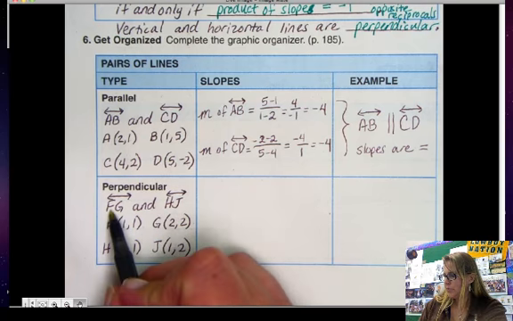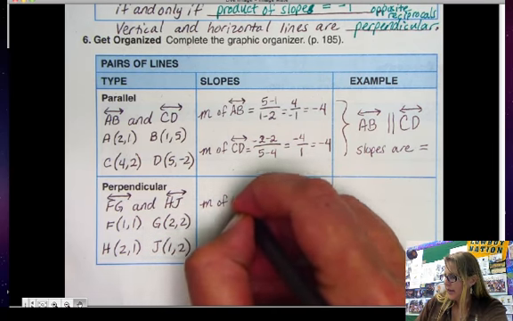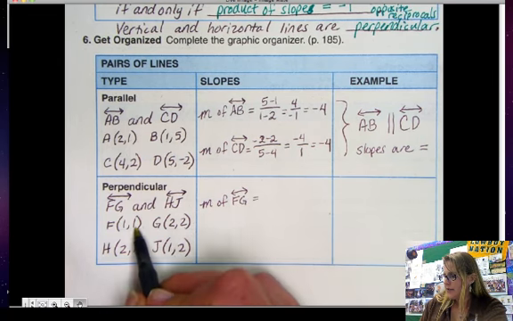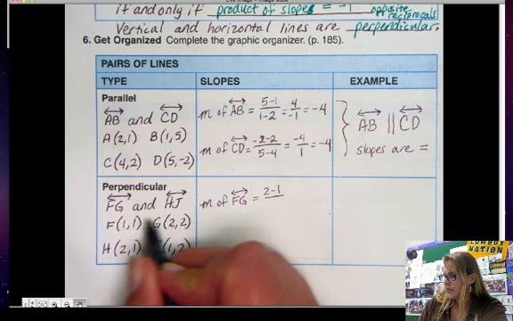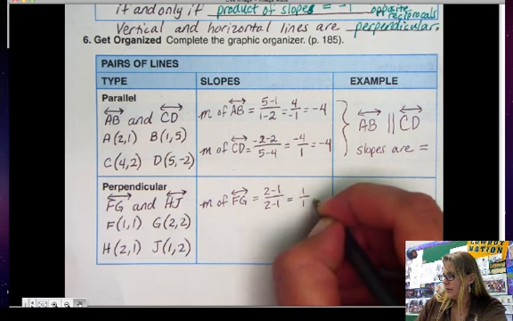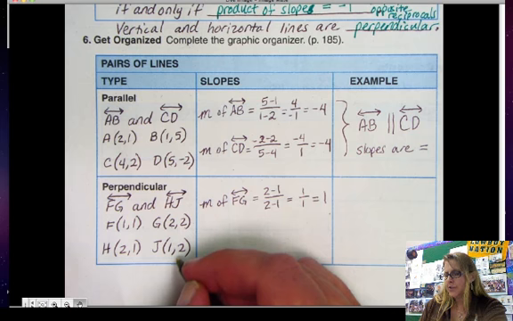Okay, now let's look at perpendicular. So we're going to find the slopes of these 2 lines. So the slope M of line FG, subtract our y's, 2 minus 1, over, subtract our x's, 2 minus 1, so that gives us 1 over 1, which equals 1. Now find the slope of HJ.